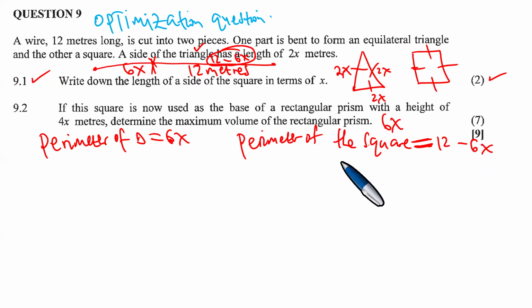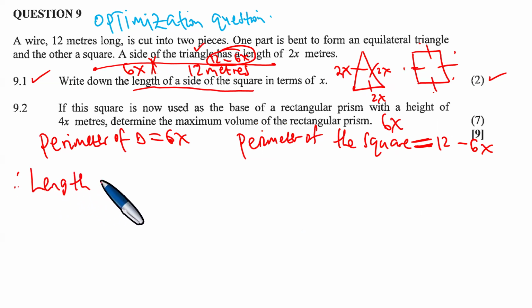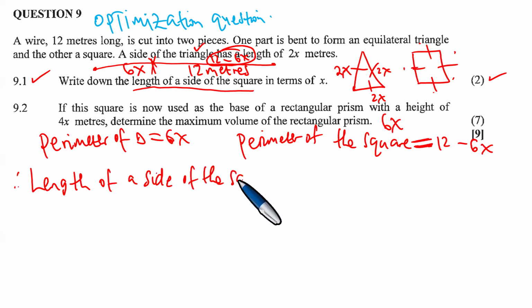But now we can find the side. This is the remaining part we can use to form the square. From this, we can write down the length of a side of the square. The length of a side of the square would be the same as you take the whole wire available, which has been cut into two pieces.